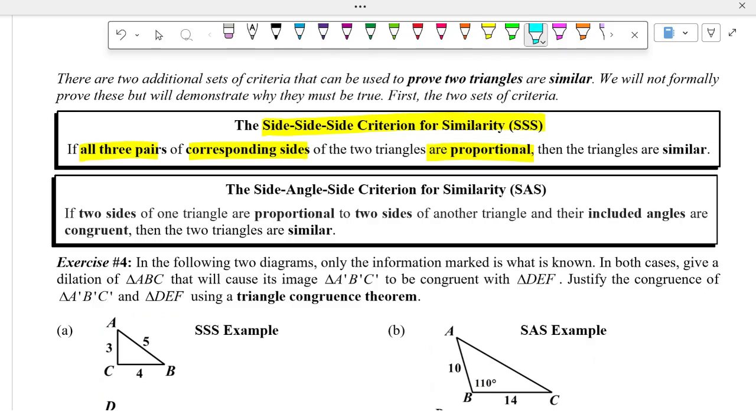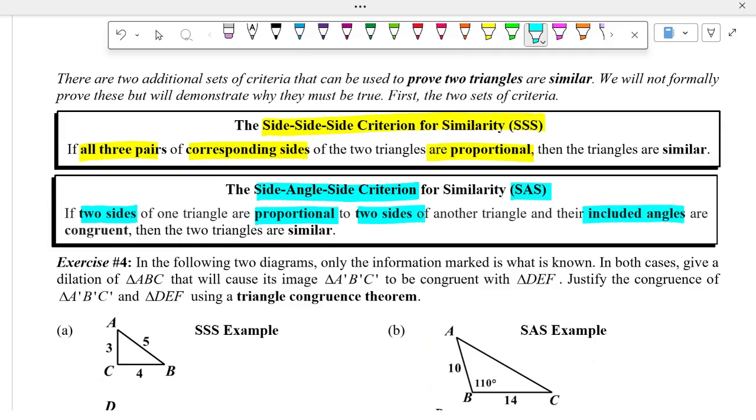The other one is side angle side criterion, so SAS. And again, not to be confused with SAS for congruency. So two of the sides have to be proportional to two of the sides on the other triangle.